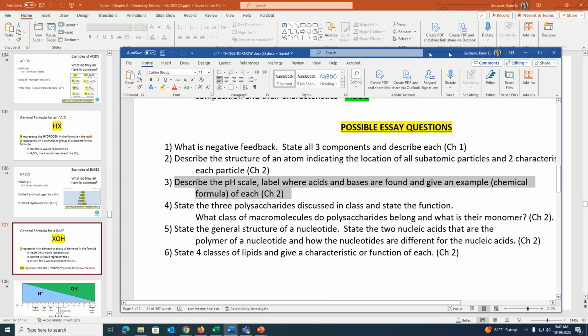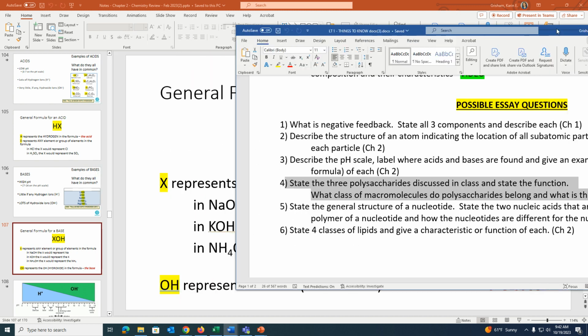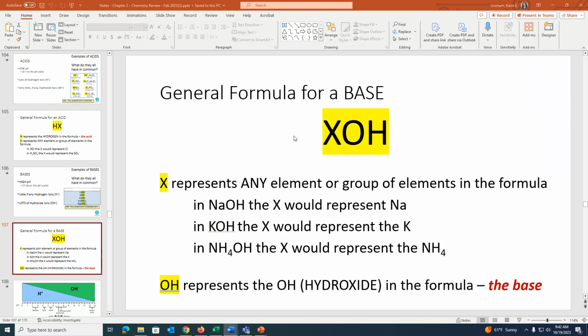The next essay question is: state the 3 polysaccharides discussed in class and state their function. What class of macromolecules do polysaccharides belong to, and what is their monomer? So let's talk about polysaccharides. This is going to be objective 11.